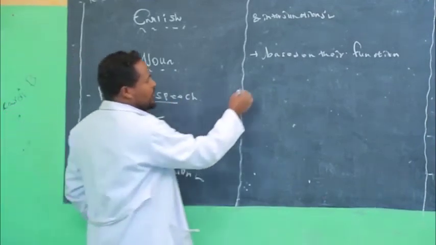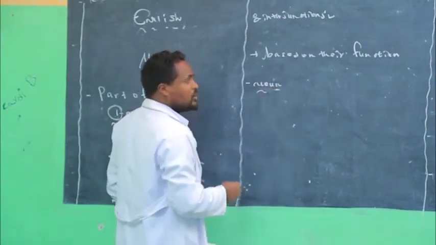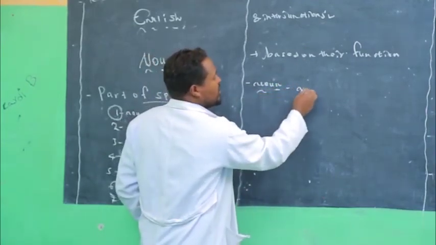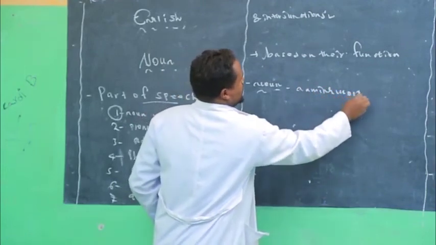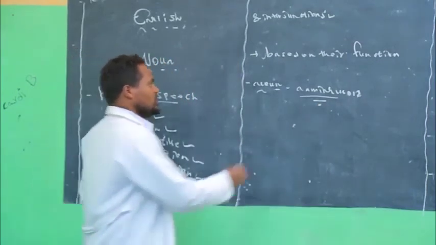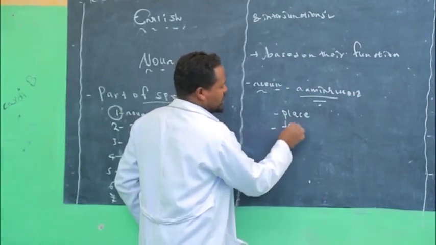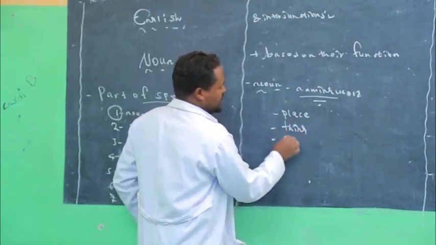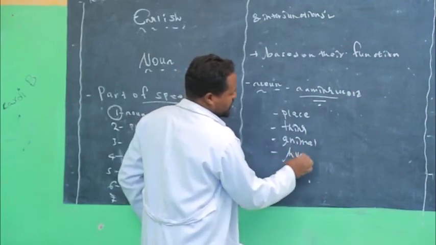Let's describe what a noun means. A noun is a word, or you can say it's a naming word. It names a place, an object or thing, an animal, or a human.